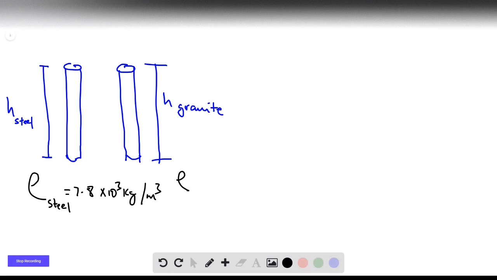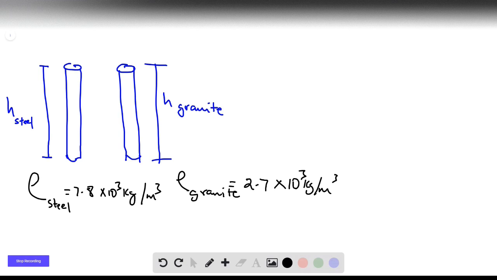The density of granite is equivalent to 2.7 times 10 to the 3 kilogram per meter cubed. That's the information we're given.